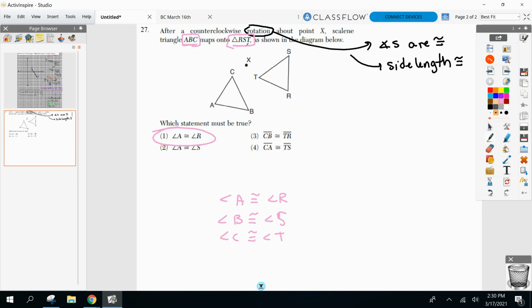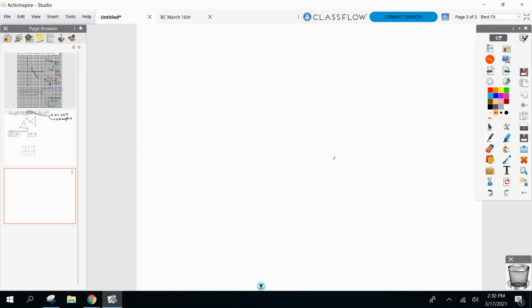Could we go over opposite and same orientation? You got it. All right, so let's say I have triangle ABC and I do some type of transformation to it. I'm not going to say what.